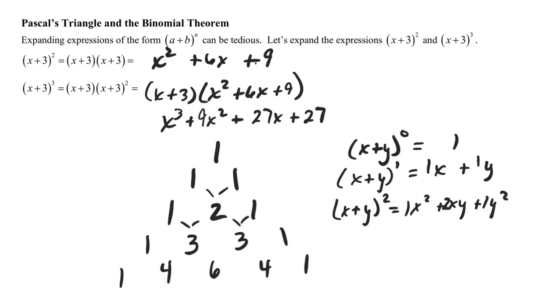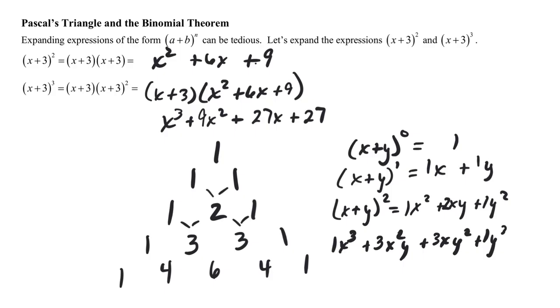So without even doing the next one, without putting x plus y to the third, I know it's 1x to the third plus 3x squared y plus 3xy squared plus y to the third. I got the same coefficients as Pascal's triangle, and look what's going on with the exponents.